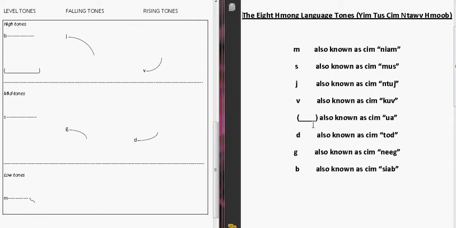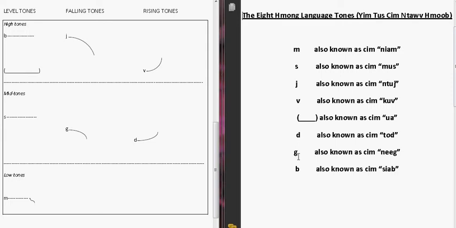This indicates there's no consonant letter at the end of the word. In other words, the word will just end with a vowel. But even when that is the case, that in itself is a tone.